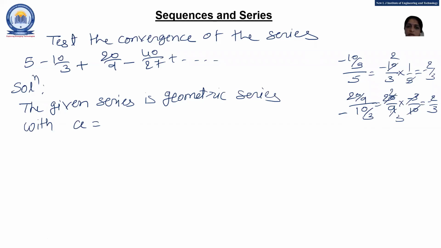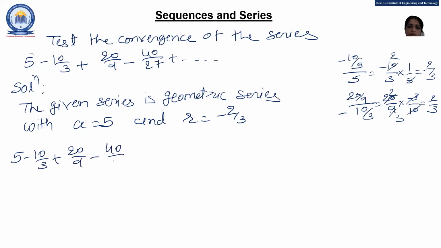What is A? Your first term is 5. And R, the ratio between two consecutive terms, is minus 2 by 3.